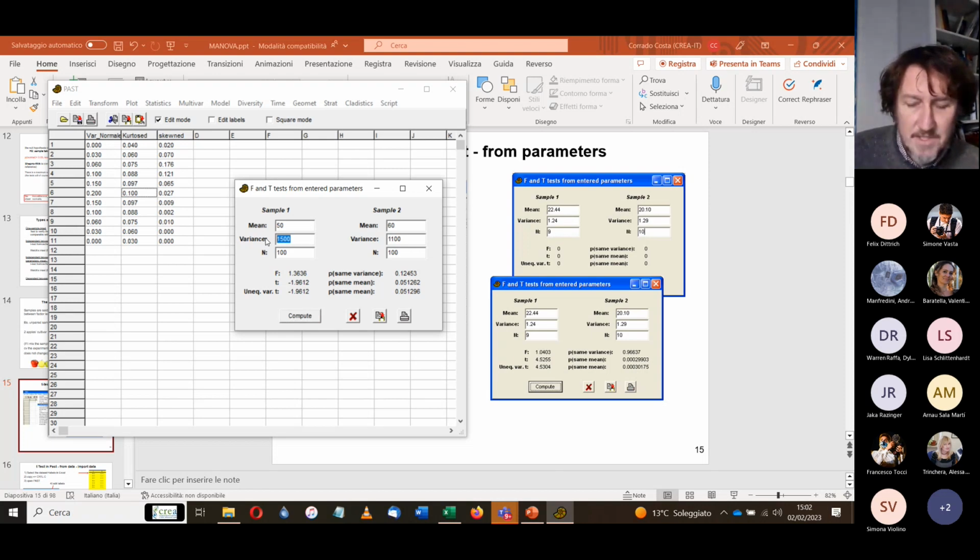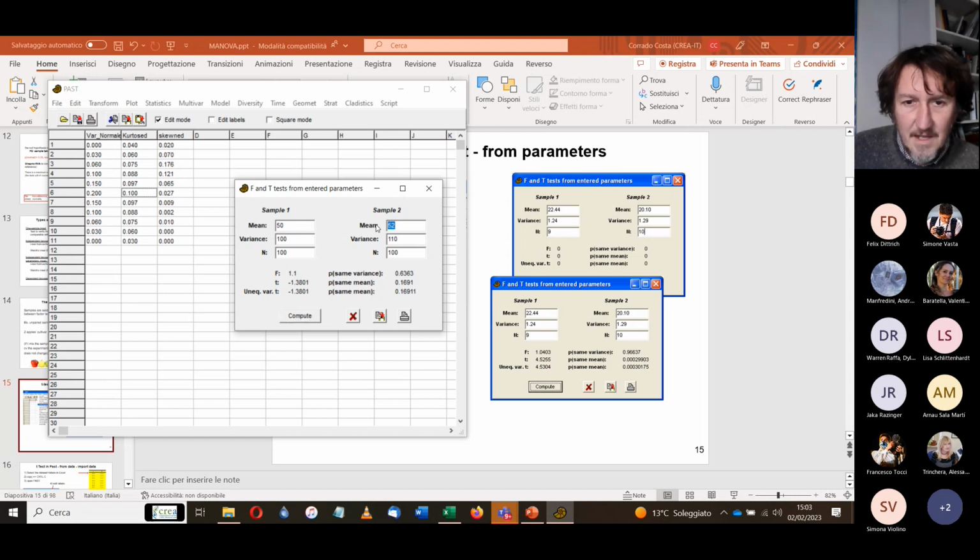So let's reduce the variance to 100 here and 110 here, and reduce the mean in the second sample. So 55 is at least different. 52 is no more different.